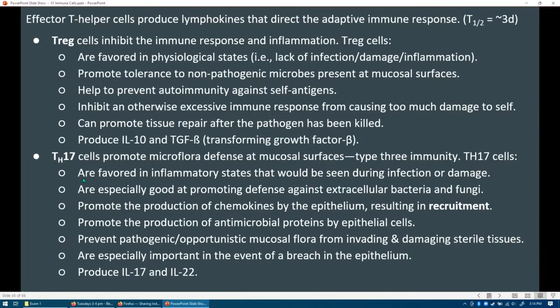So Th17 cells are favored in inflammatory states that would be seen during infection or damage. They're really good at promoting defense against extracellular bacteria and fungi, especially at mucosal surfaces like your barriers, your gut, your intestinal epithelium, and your skin. Lots of Th17 cells there, and in your lungs, etc.